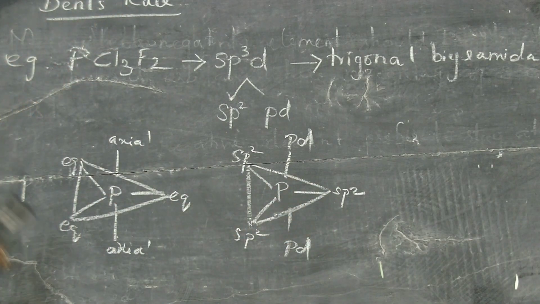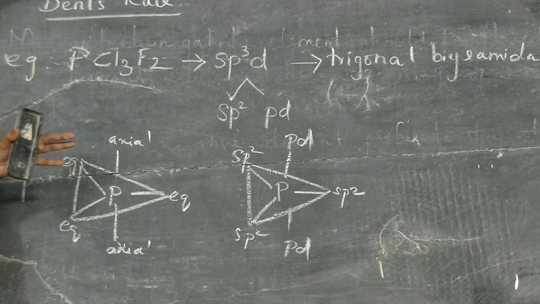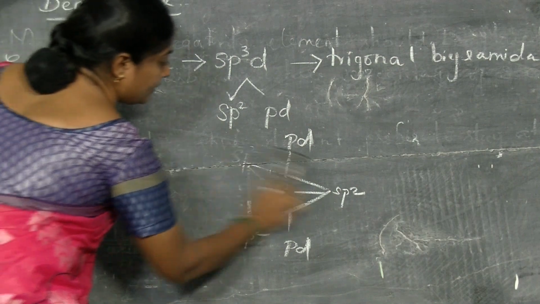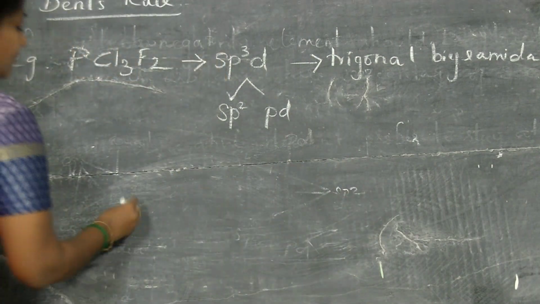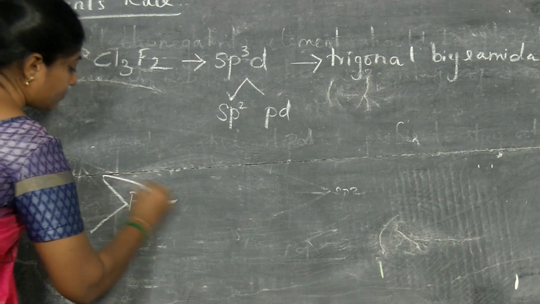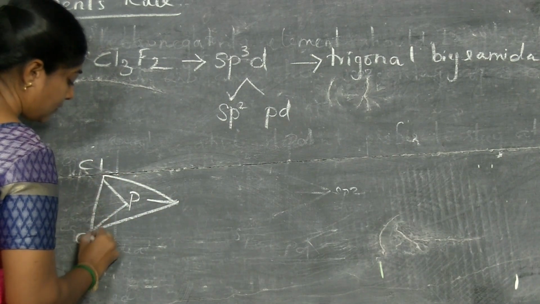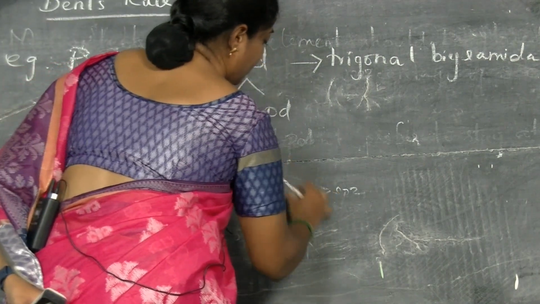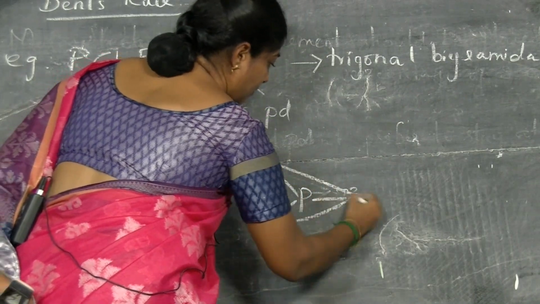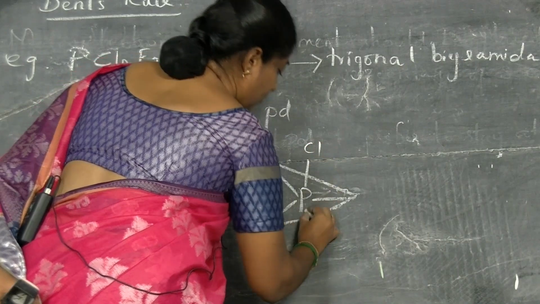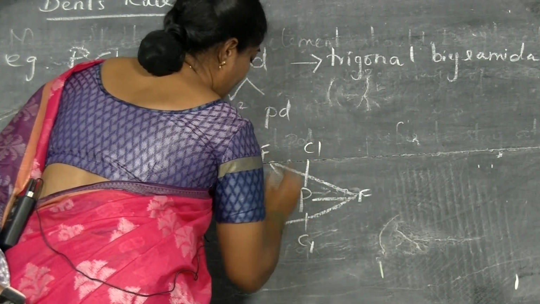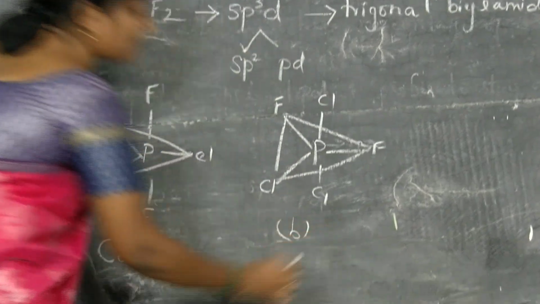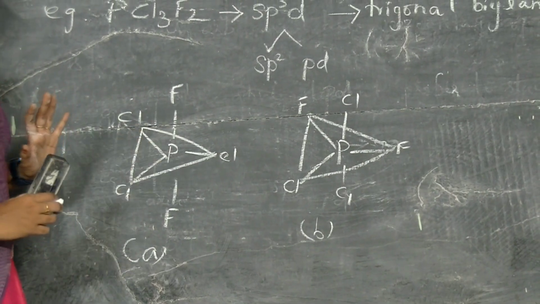Now I am going to give you two structures, and you tell me which one is right. This is structure A and this is structure B. Among these two structures, which one is correct?